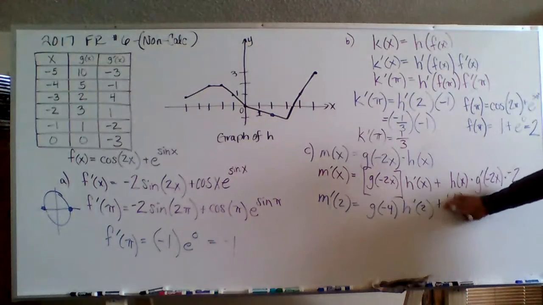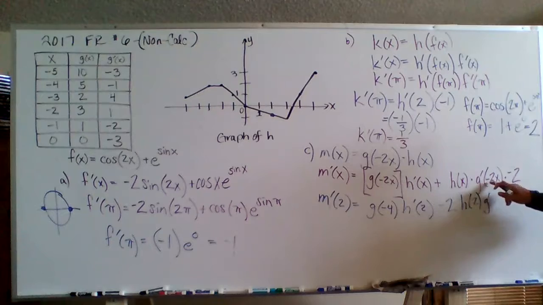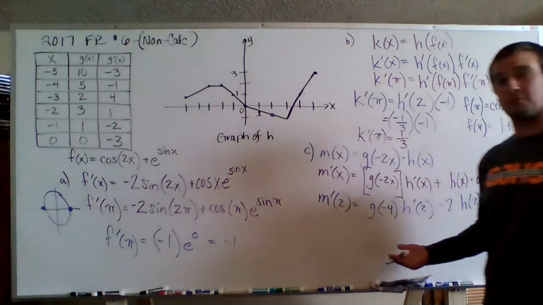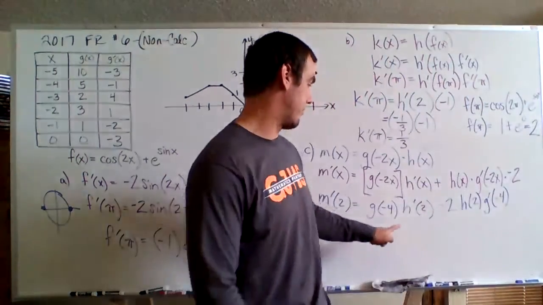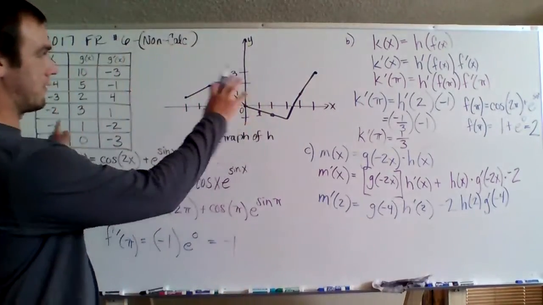Actually, I'm going to bring this -2 out front just so I don't lose it. So it's really going to be -2 h of 2 g prime of -2 times 2, which is -4. Once again, we want to stop as soon as we can, but you're going to actually have to evaluate what each one of these things are. And they're going to be scattered throughout this problem somewhere.